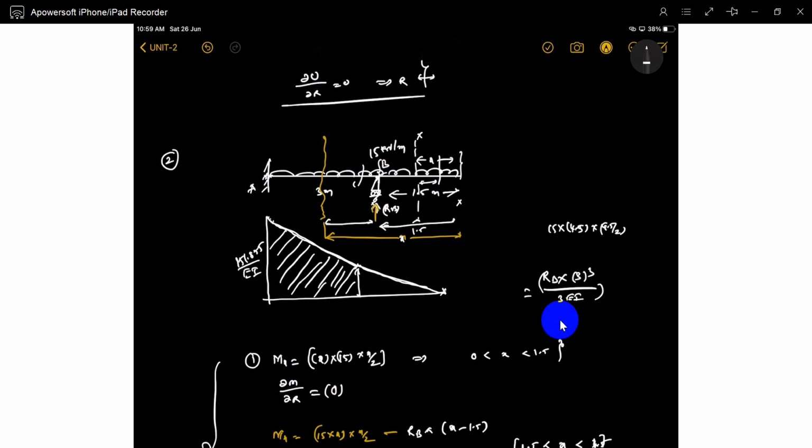To find that slope or deflection, we can use so many methods. You choose by your availability, your knowledge, your easy way, anything you can choose.